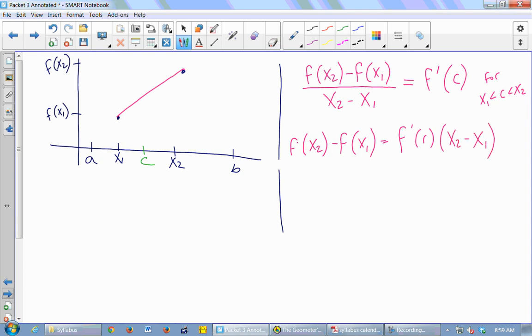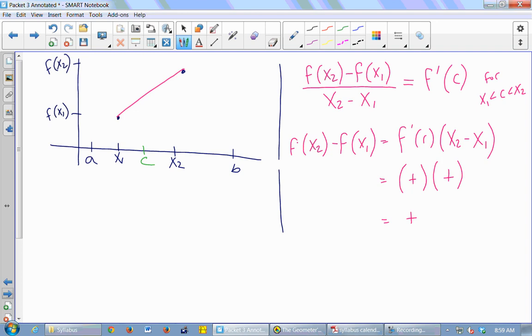All right, so f prime of c is positive. What's x2 minus x1? Positive, because we drew this so that x2 would be bigger. So this is positive. So what does that mean? F of x2 minus f of x1 has to be positive. Positive times a positive is a positive.